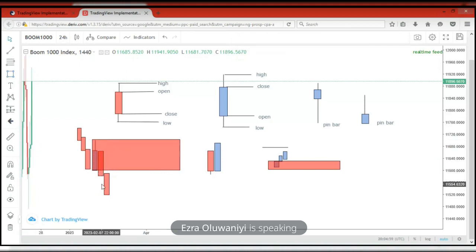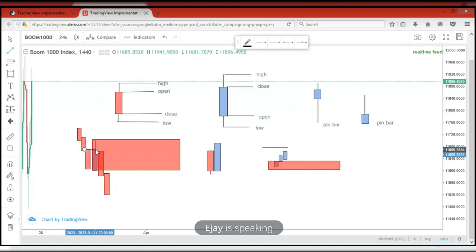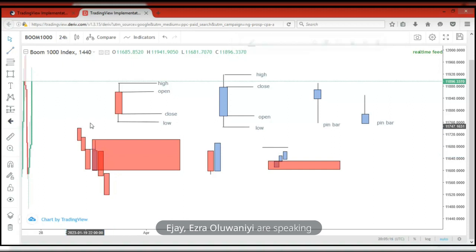I believe you are understanding what I'm saying. Yeah. So this is what people refer to as a liquidity grab. Price cleared liquidity up the previous candle and then continued selling. The major thing about candlestick anatomy is that if price is on a sell trend, price is supposed to be creating lower lows, right?